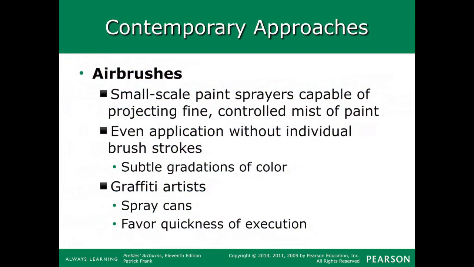But because they can pull the airbrush back and cover a wider area, they can control the amount of color that's landing on the surface. So you can do a lot of blending very easily using this medium. There are no brush strokes with airbrushes, and again, you can do many gradations.